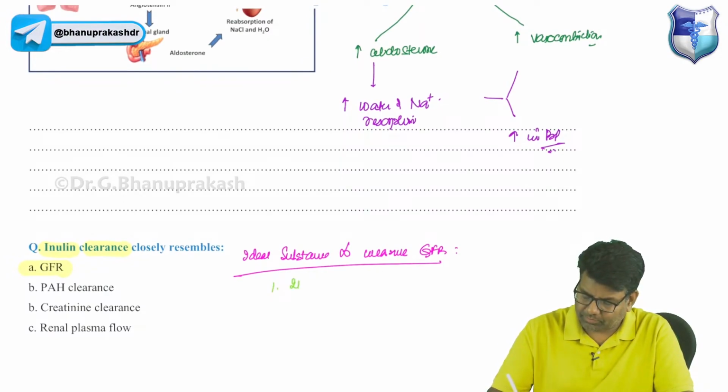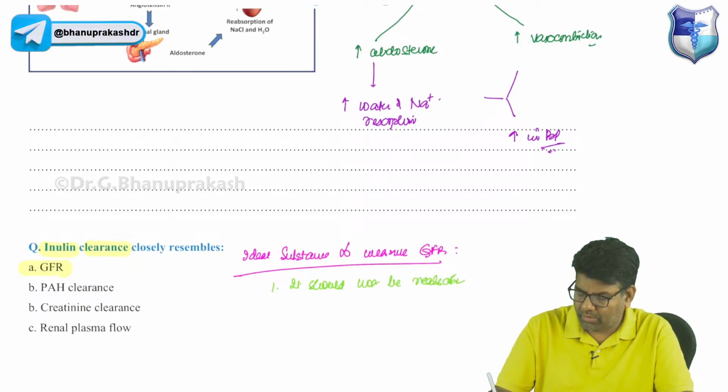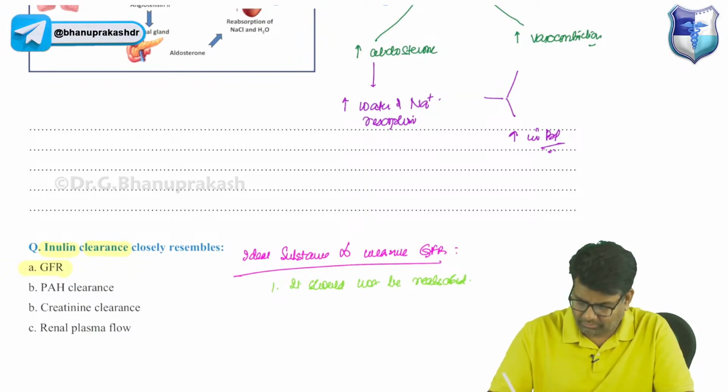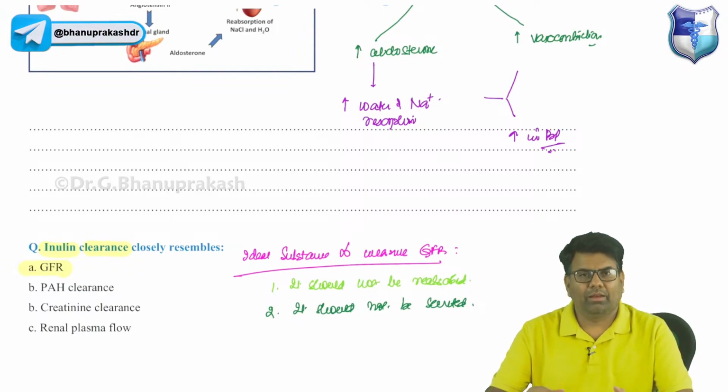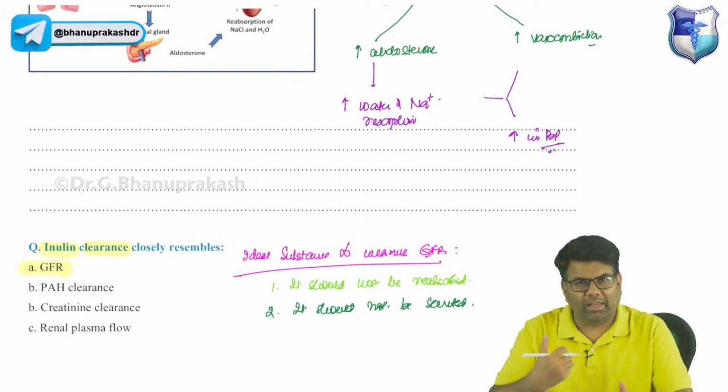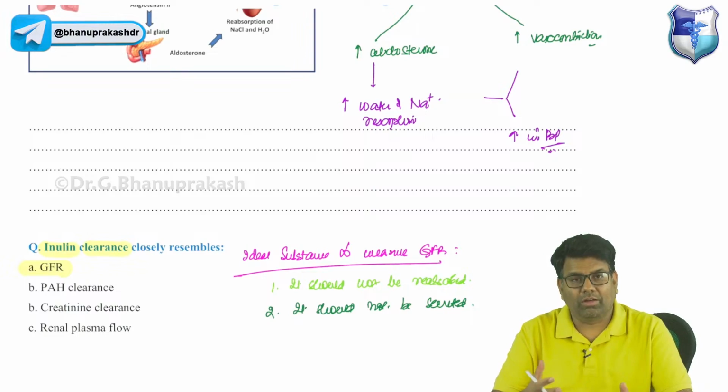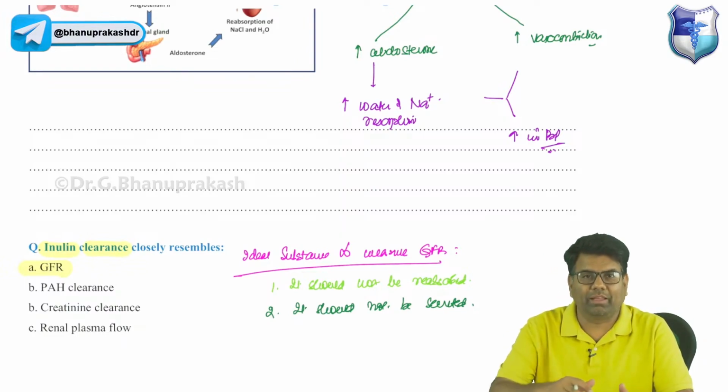Number one, it should not be reabsorbed, right? And number two, it should not be secreted. So it means none of the substance should be taken back from the kidney, or none of the substance should be given by the kidney.